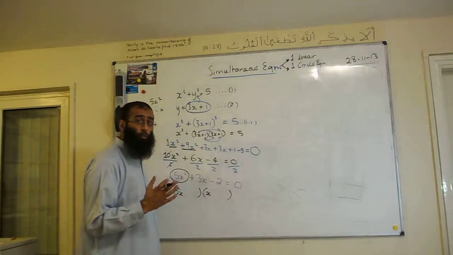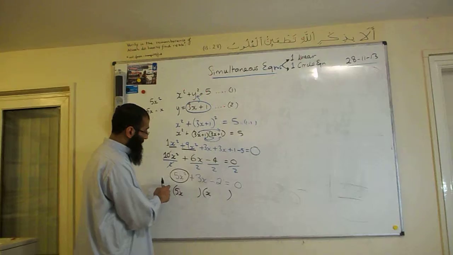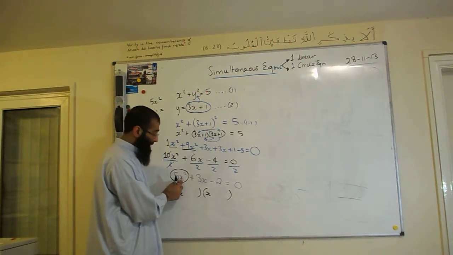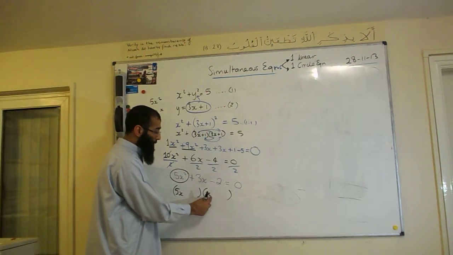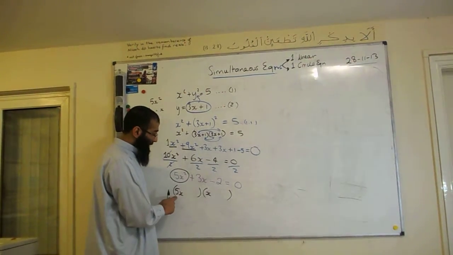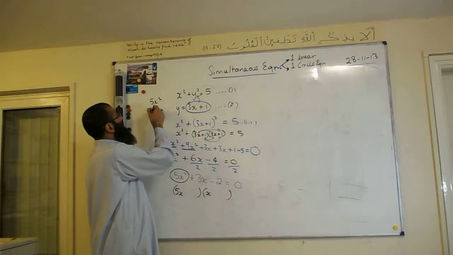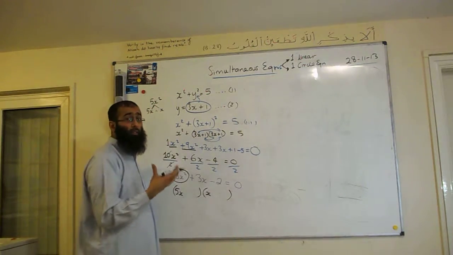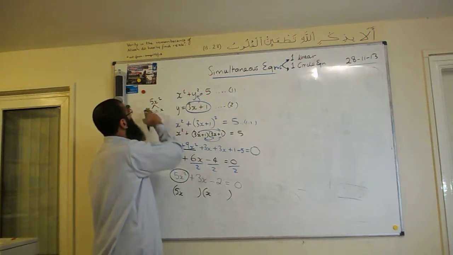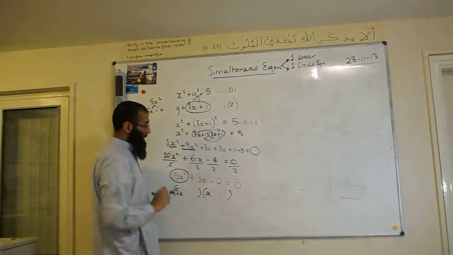Normally it's x here and x there, but since we've got 5x squared, we have to do it in such a way. This is the only factor pair you can have for 5x squared.